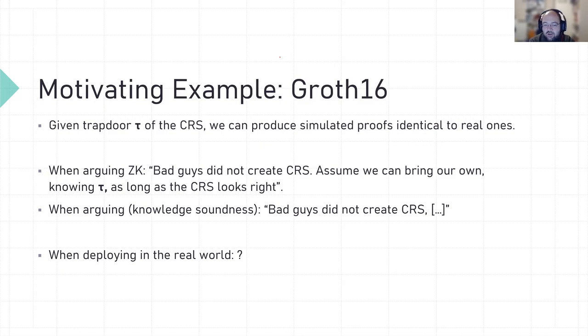Because if the bad guys are able to just bring their CRS from home, then that CRS will probably be trapdoored. The bad guys will know the trapdoor, and we lose.